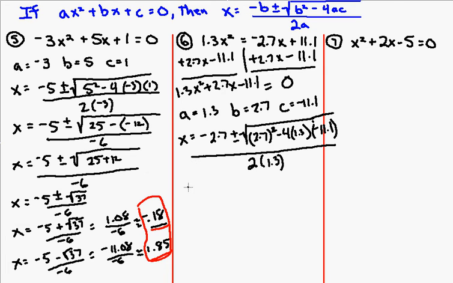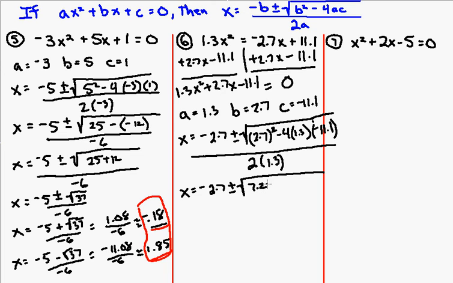So, x equals negative 2.7 plus or minus. So 2.7 squared is 7.29.